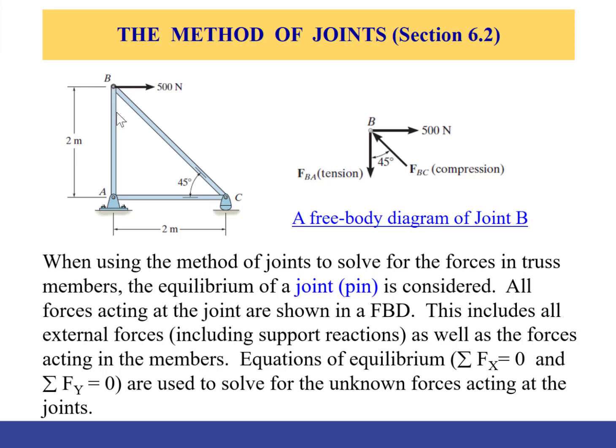Once we establish that, we apply the scalar equilibrium equations in x and y for each joint. So we apply two equations in C, and two equations in A. This will help us calculate the unknown forces, which could be reaction forces at the support or the tension forces.